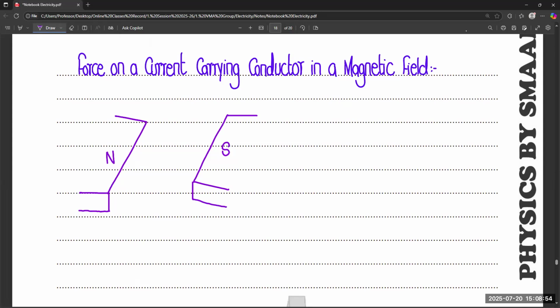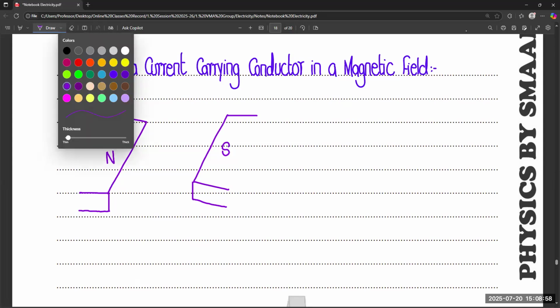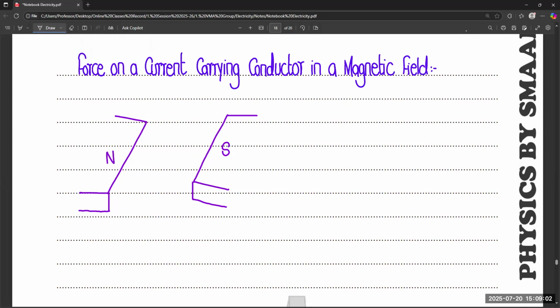And now if we place a conductor in the middle of these magnetic field lines, let's suppose this is the conductor and the direction of current is into the paper. This is the direction of current.